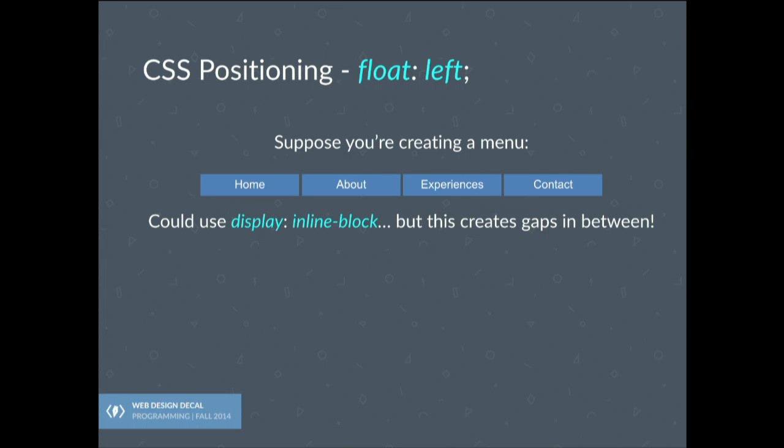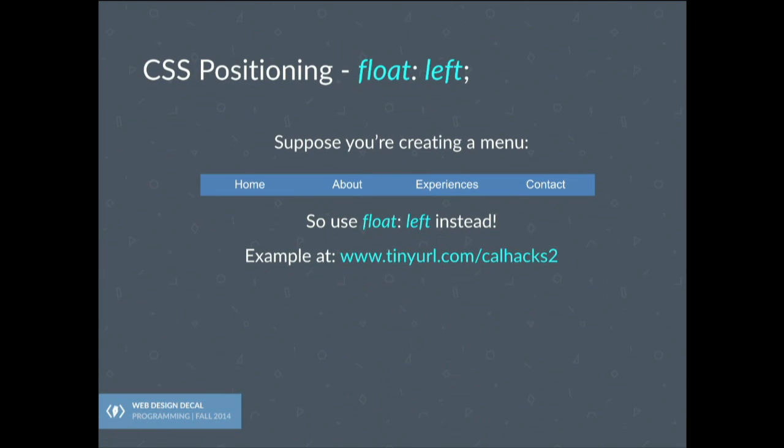Okay, so when would you use float, you might ask? Suppose you have all these buttons and you're trying to make a horizontal menu, right? If you want to stack them all horizontally, you could use display inline block, but you'll find that there's this strange behavior where little gaps appear between each of them, and you can't get them to go away, or at least not in a very smooth way.